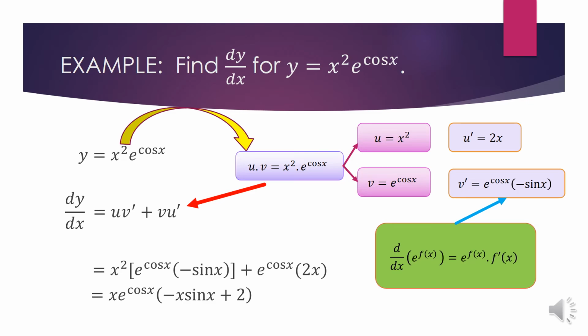By simplification, at last we get dy/dx is equal to x e powers of cos x multiplied with negative x sine x plus 2.